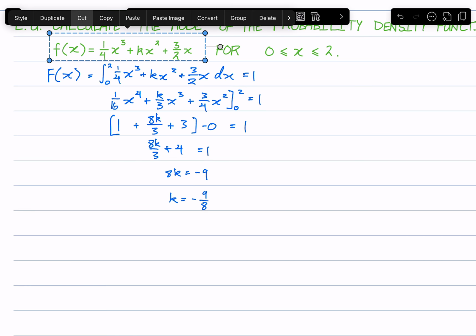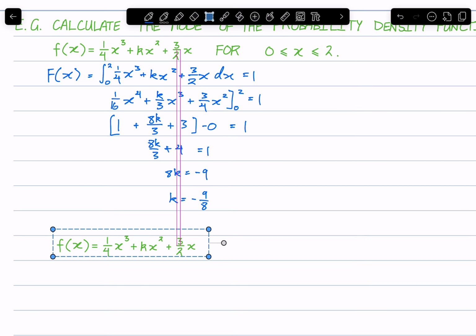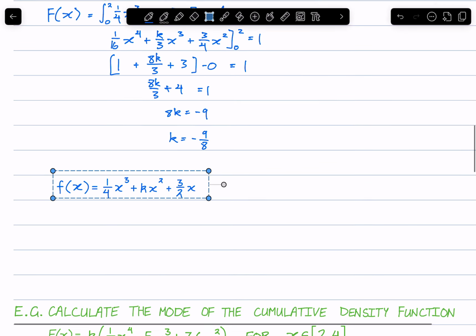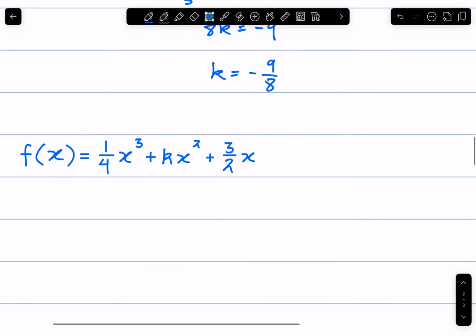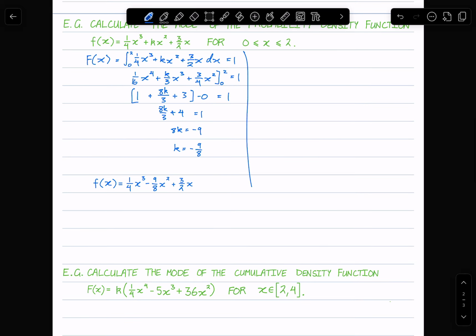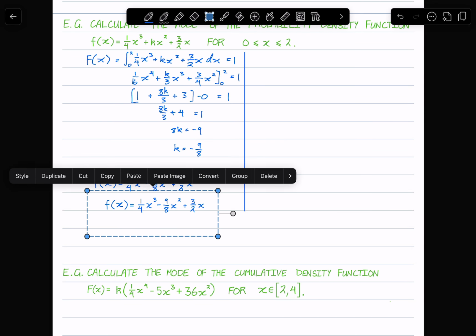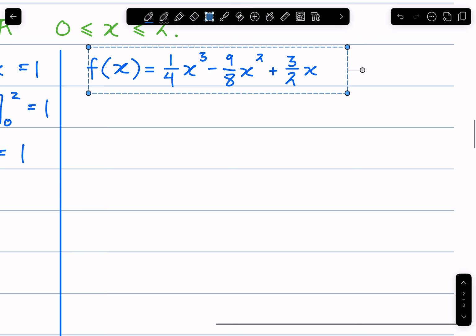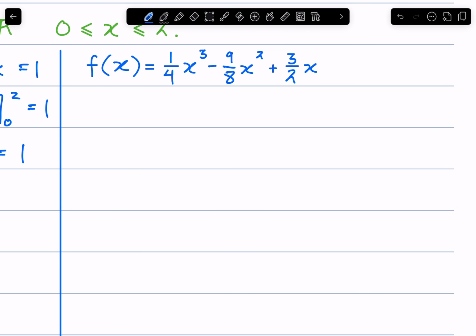This tells us that this function was actually supposed to have k as negative 9 on 8. And now that we have that, we can move on to actually finding the turning point of this, or the maximum turning point of this one.